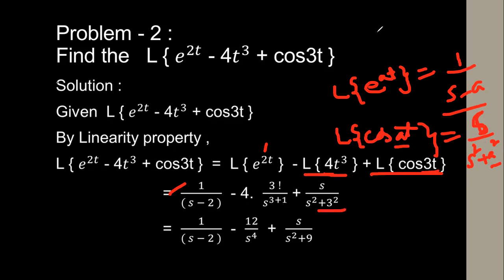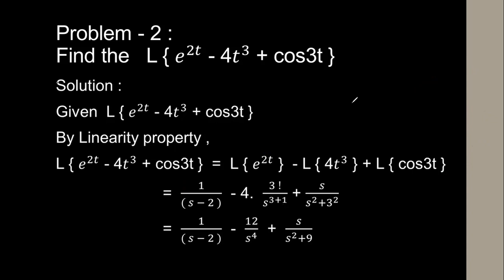Just remember the basic theorems which we have evaluated in the previous classes. You have to note them down on paper in order to evaluate or simplify these functions. So 1 by s minus 2 minus 3 factorial, and what is the 3 factorial value? 6.